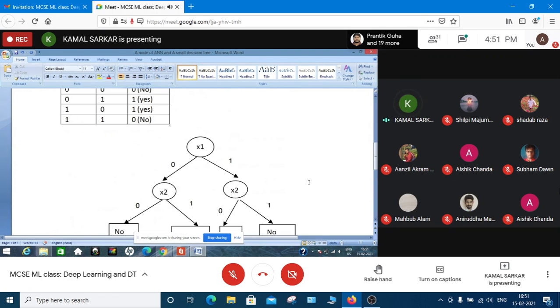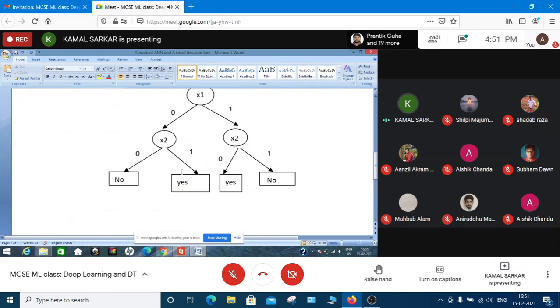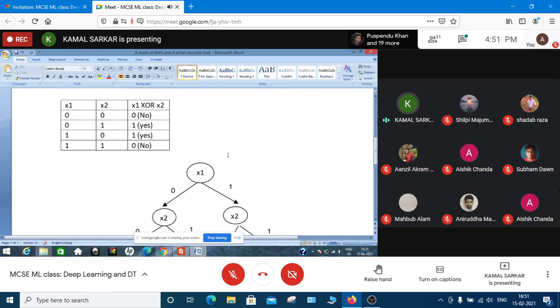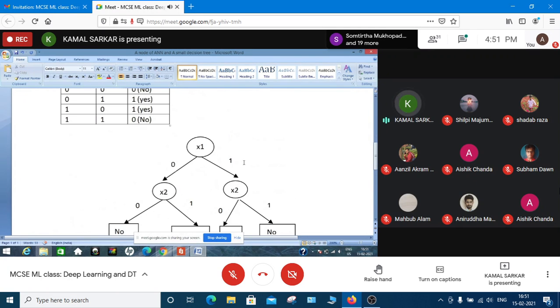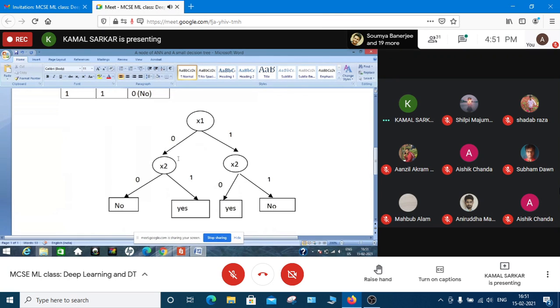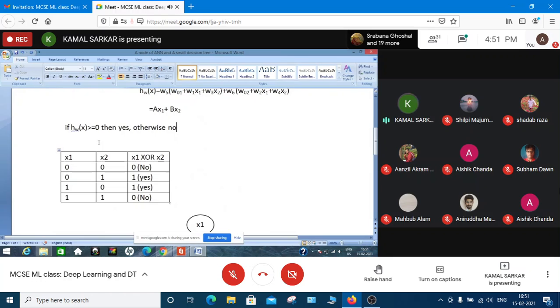But if you look at this, after generating the decision tree, when some unseen data comes, the decision tree will, depending on the input pattern values, match the values with the values of the branches. So if you give 0 as input, it will match the 0 with this branch, and then the next value will be matched with this branch, because it is attribute 2, and this will be the output. But what is the neural network doing here?